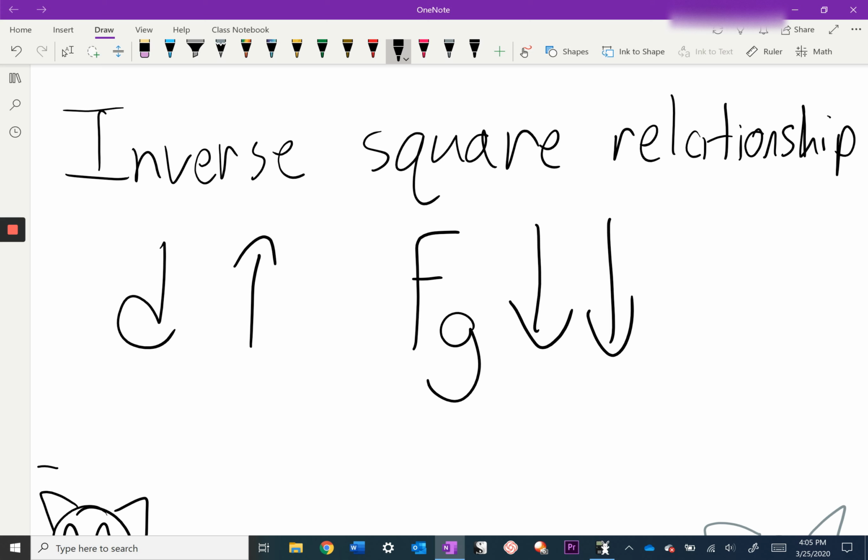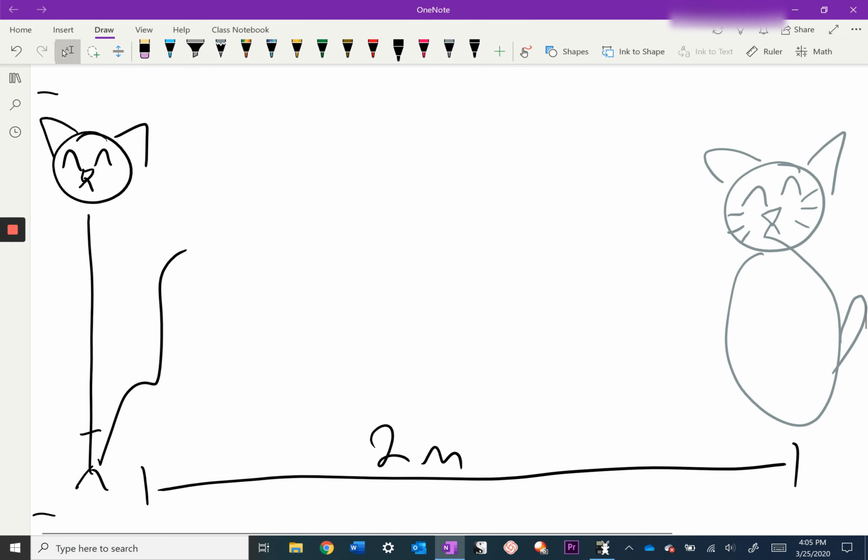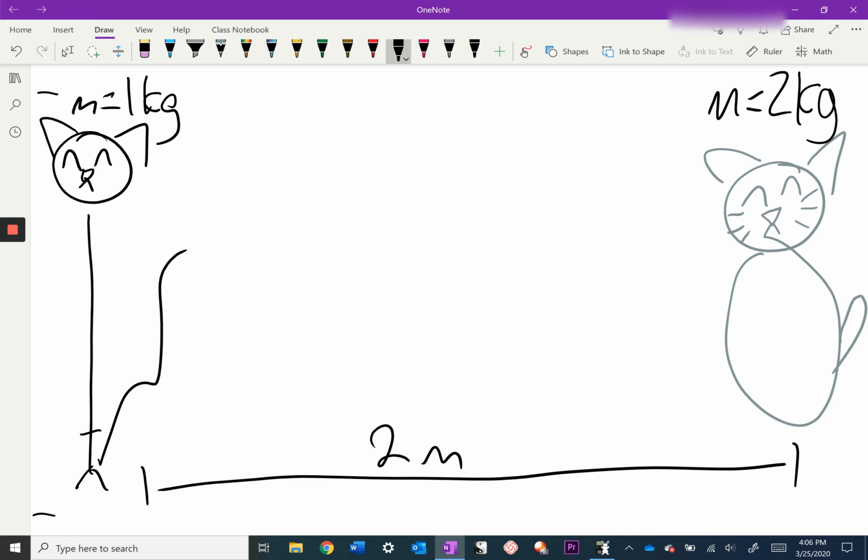So what happens if we mess with both of them? This time, Cinder still has a mass of 1 kilogram, and Heidi has a mass of 2 kilograms, and they are 2 meters apart.